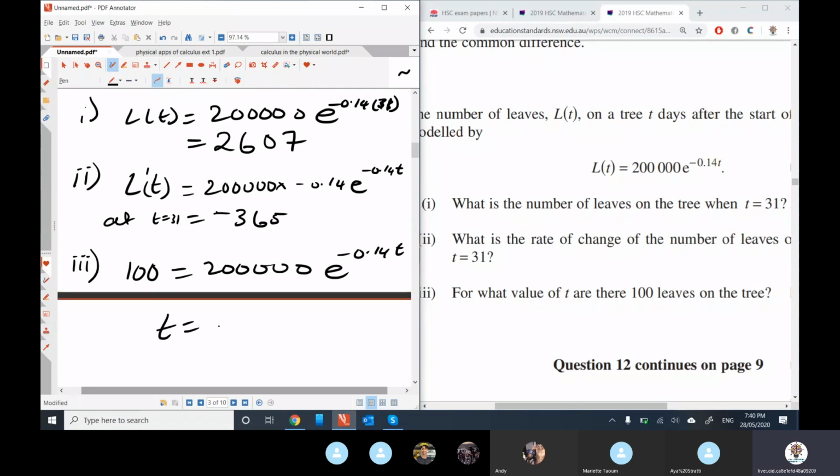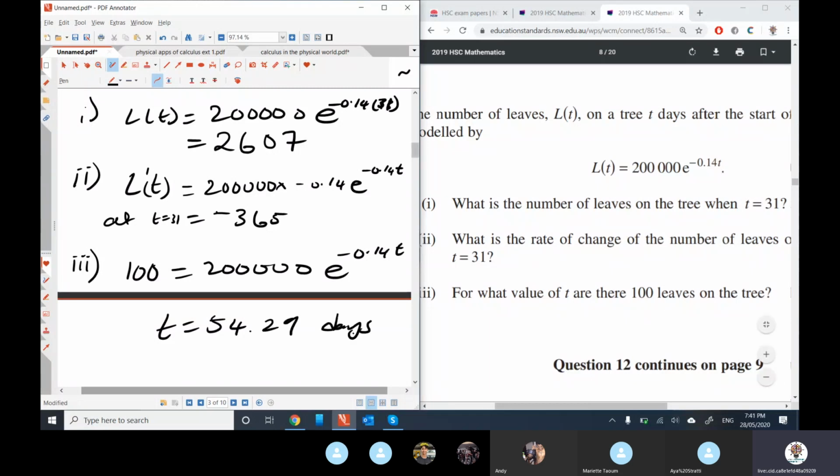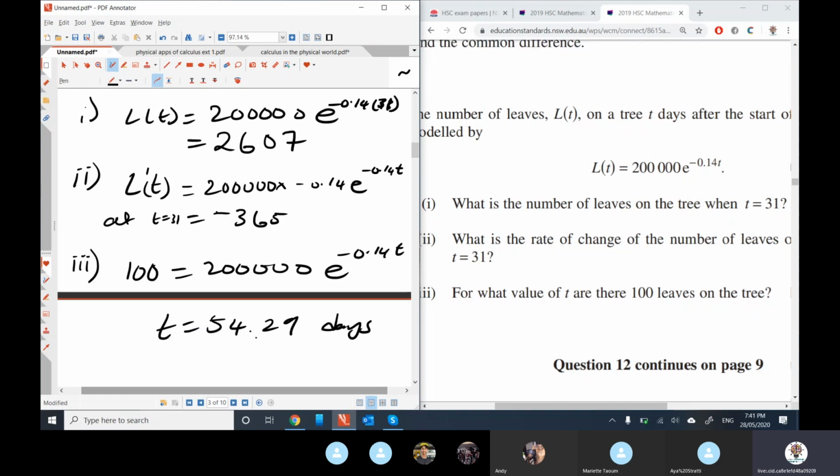Hopefully, you guys got t is 54.29 days. If you want to round, you can't round down, because if you say 54 days, that wouldn't have become 100 leaves. So 55 days.